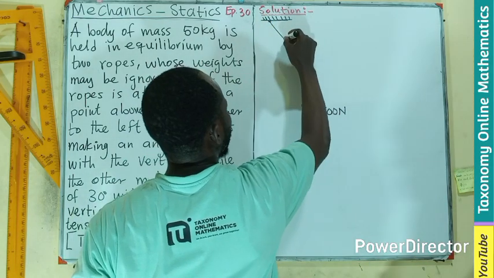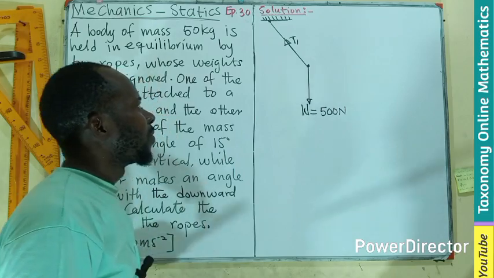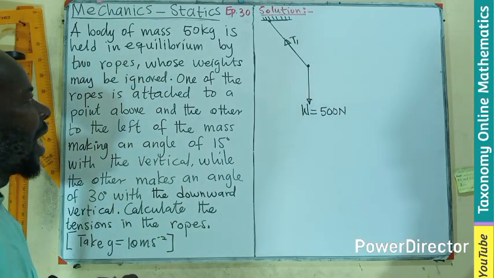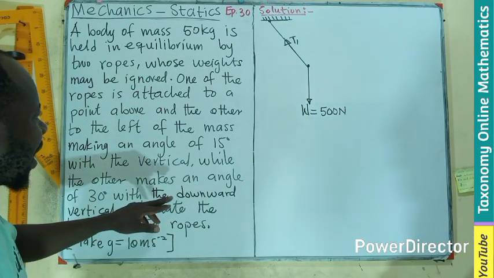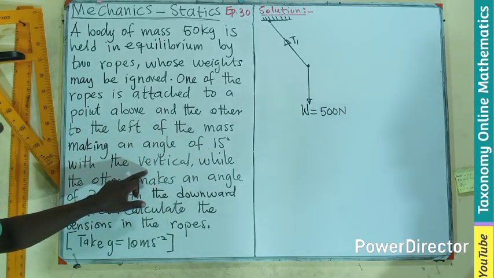We have the tension here to be tension number 1. Now, when the rope is attached, we were told that it makes an angle of 15 degrees with the vertical.